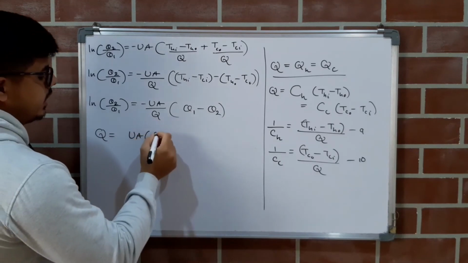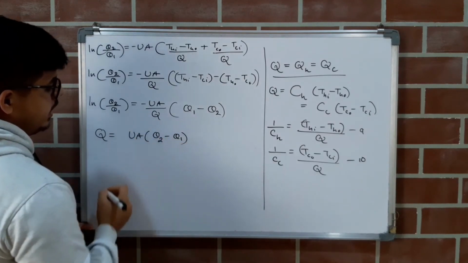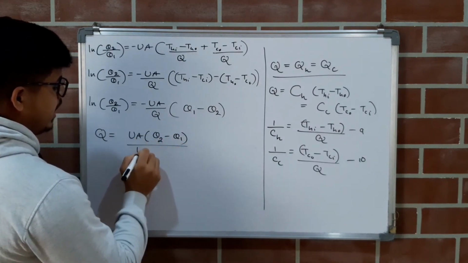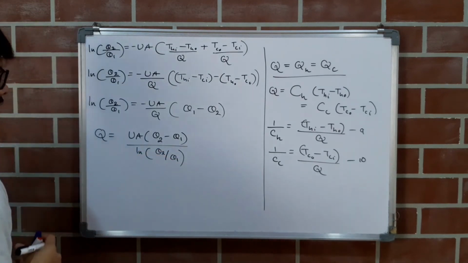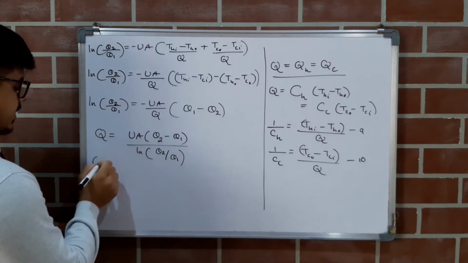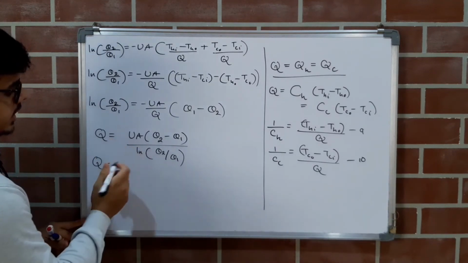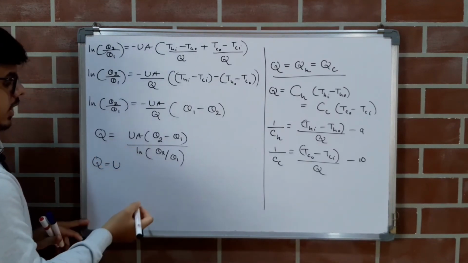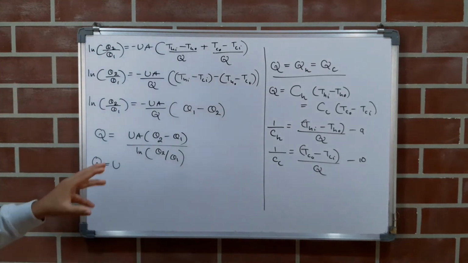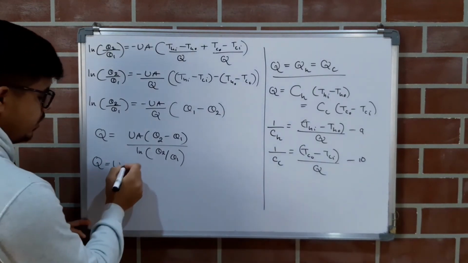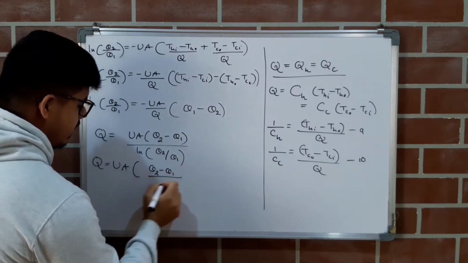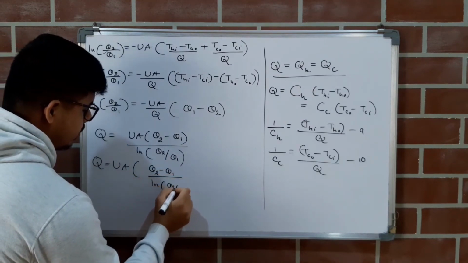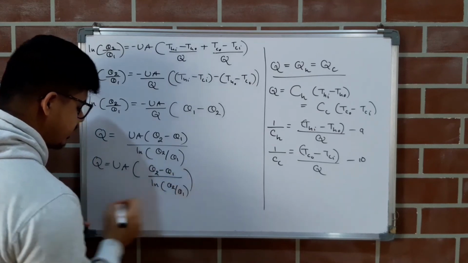So we can get theta 2 minus theta 1 upon ln of theta 2 by theta 1, right? And I will just rearrange this equation so you can get the hint of how the formula of theta m will come. So Q is UA into theta 2 minus theta 1 upon ln of theta 2 by theta 1, right?